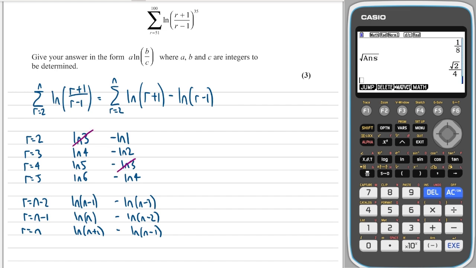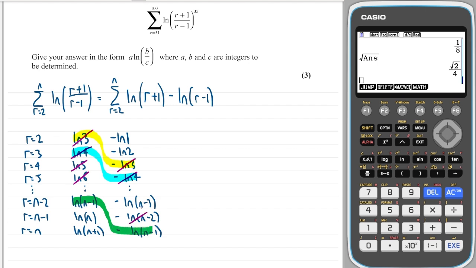So this will cancel with this, ln 4 will cancel with minus ln 4, and we're going to get this type of cancellation shape, so that will go down to there. This will cancel with this. So on this side, these will cancel as well, with ones in between. Dot dot dot. And following this pattern, it means that we're going to get this one cancelling with that one.